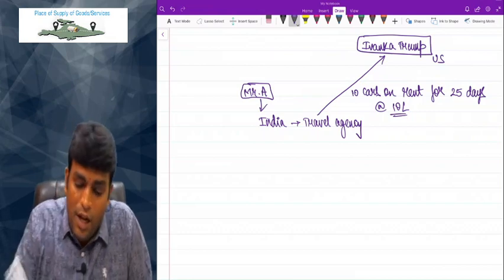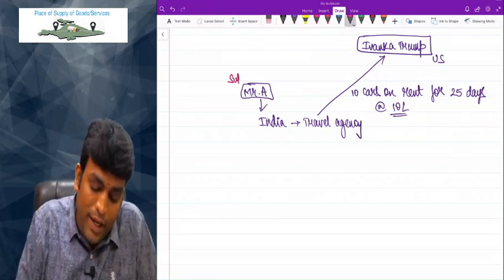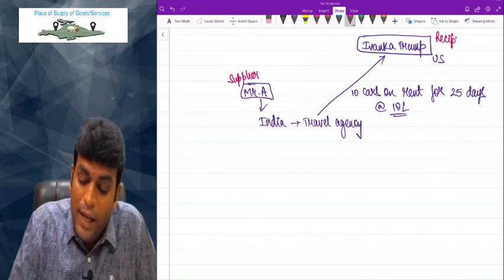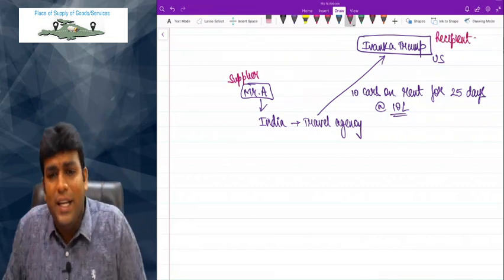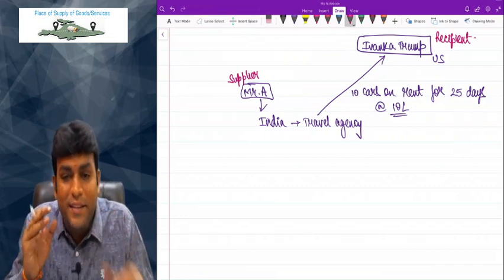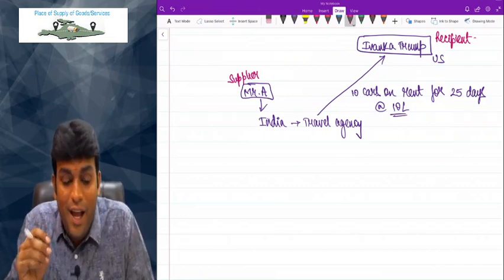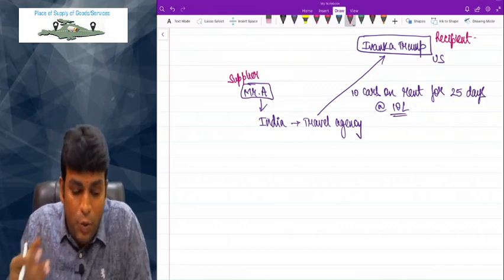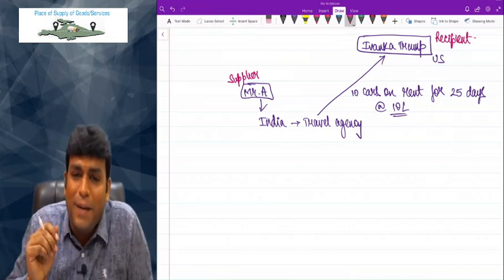Clear, my dear friends? Now my straight question, who is the supplier? The supplier is Mr. A and the recipient is Ivanka Trump. So that very clearly tells us that one of them is outside India. And if one of them is outside India, obviously, my dear friends, section 12 will not apply, section 13 will apply.